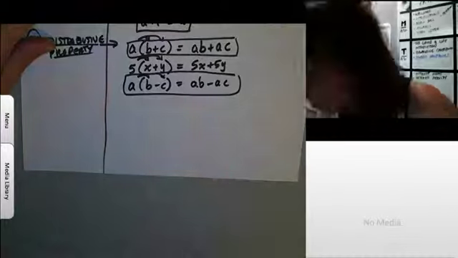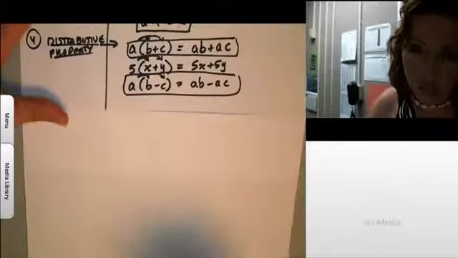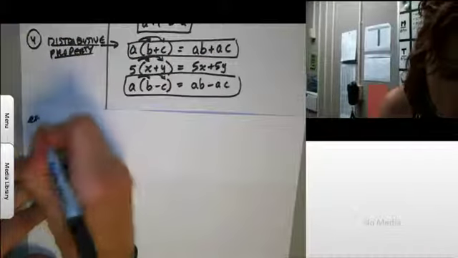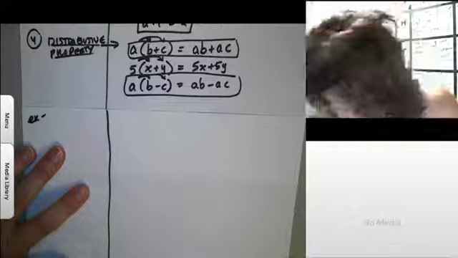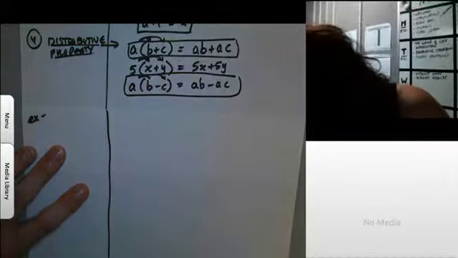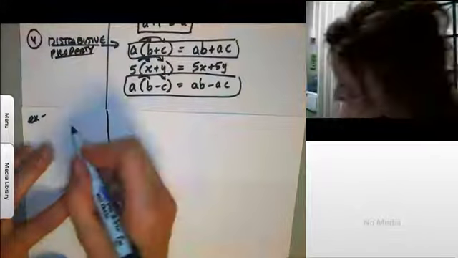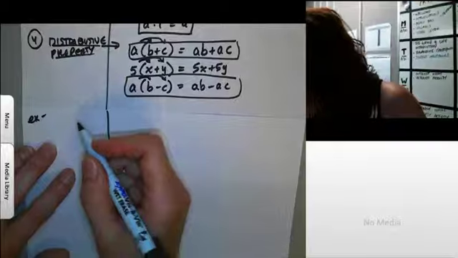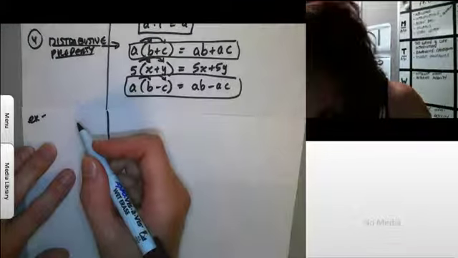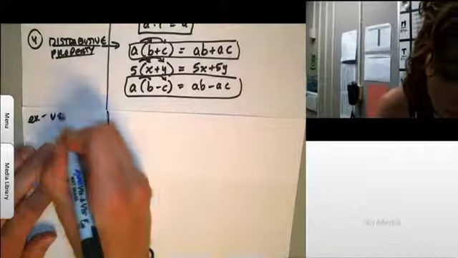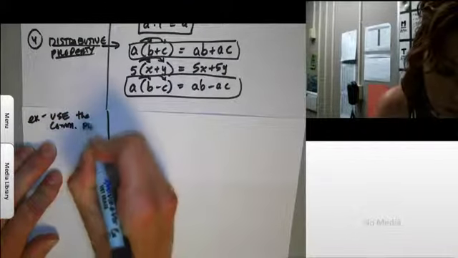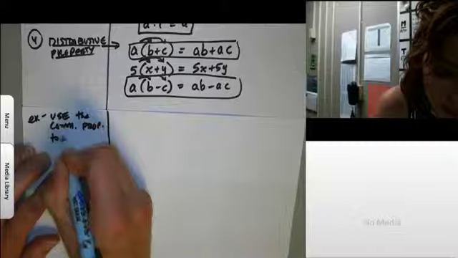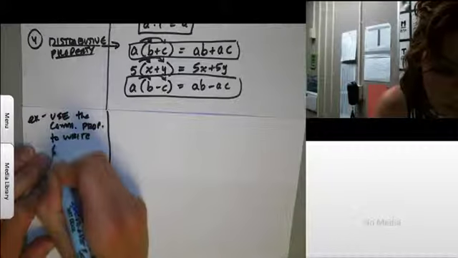That's a little better. All right, so let's do a couple of examples here. Use the commutative property to write an equivalent expression.